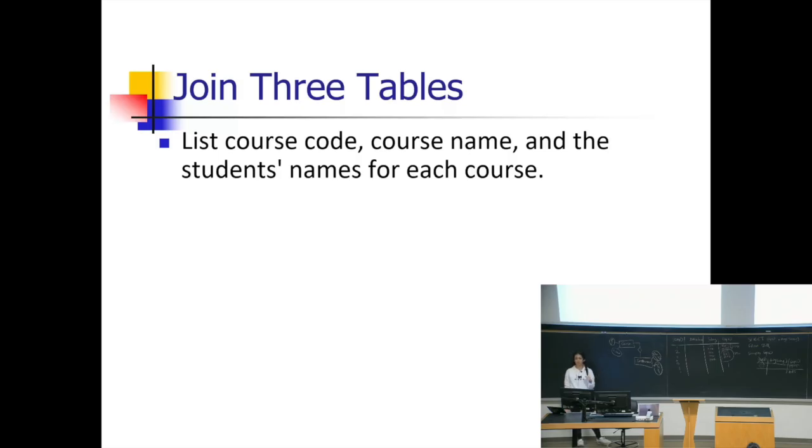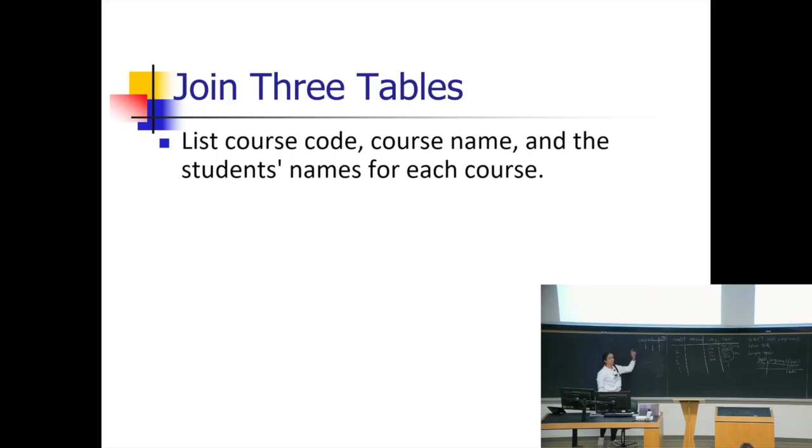And then where does the foreign key go? Course, right? It goes inside course. So if you have a course table, then you will have course code, course name, and some other information related to the course, with instructor ID as the foreign key, right?